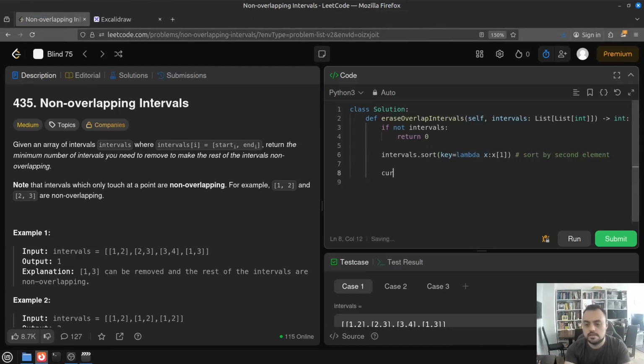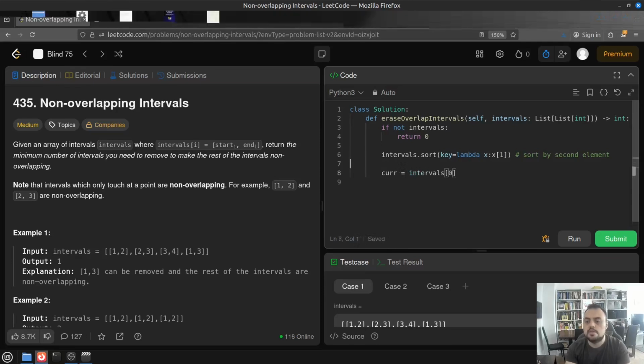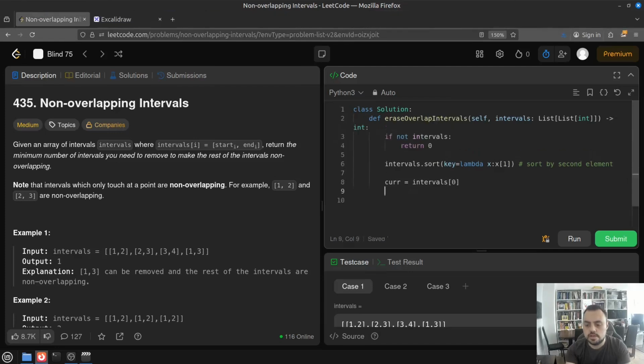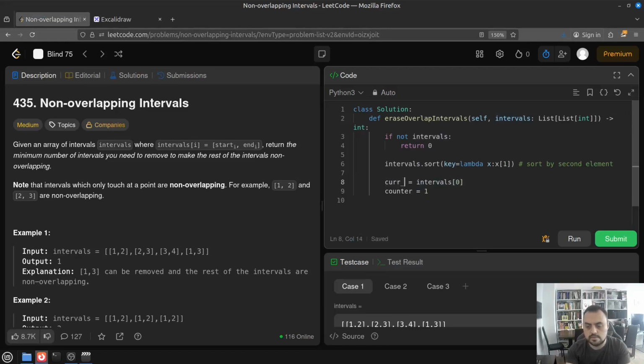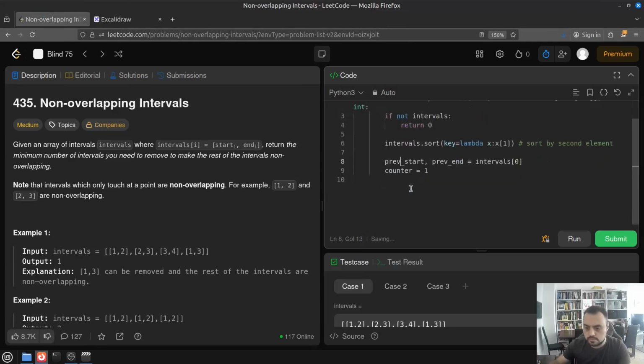And then we have to initialize the current equals intervals on the first position, and the counter equals 1. Yeah, and we can have current start and previous end. Since we will be updating the current, the first element we can already set to previous, and we will start from the second element in the loop.